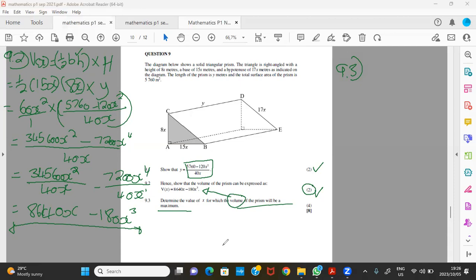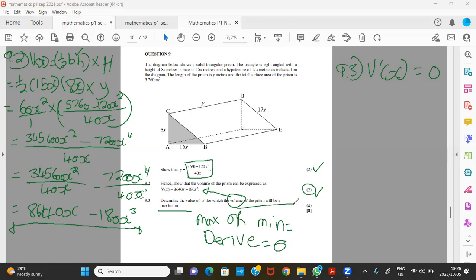Whenever they tell you about maximum or minimum, what do we do? We derive. To get my maximum, my first derivative is going to be equal to 0. So my V prime of x should be 0.